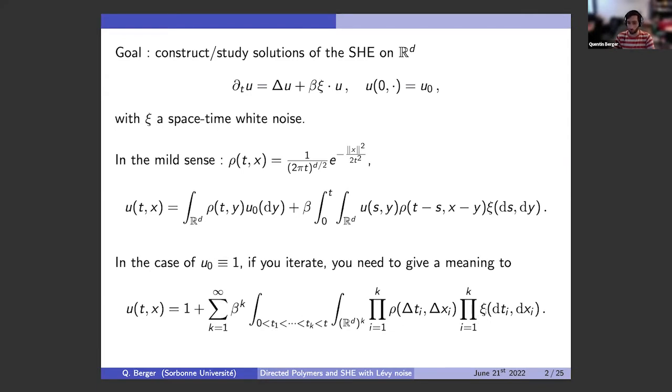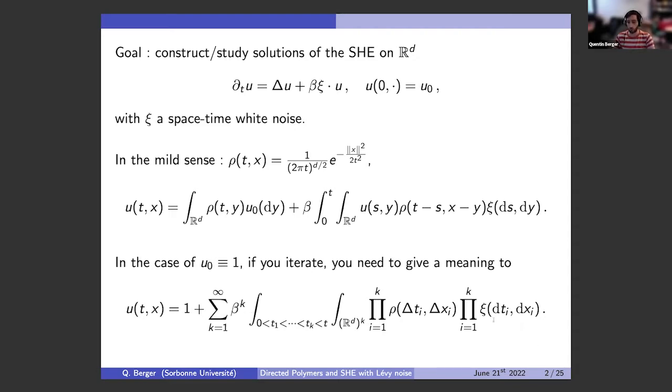If you have a Gaussian white noise, you can make use of the theory of Wiener chaos expansion, and all the terms in the sum are orthogonal in L2, so you can do L2 calculations, compute the norms of all the terms, and show that the sum is absolutely convergent, so you can make sense of this infinite sum.